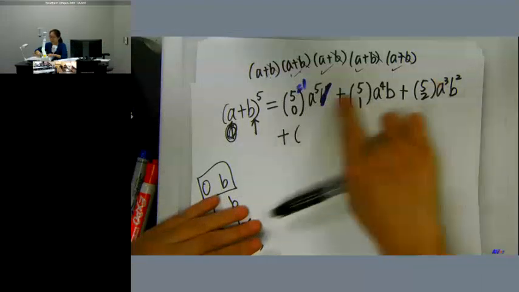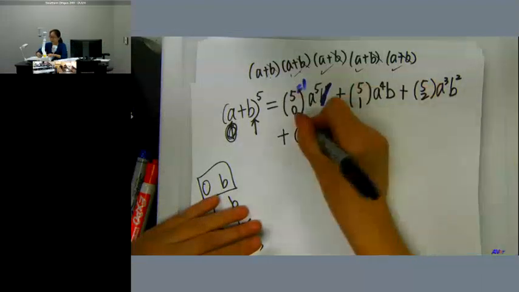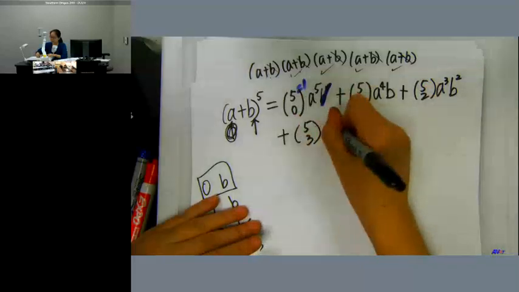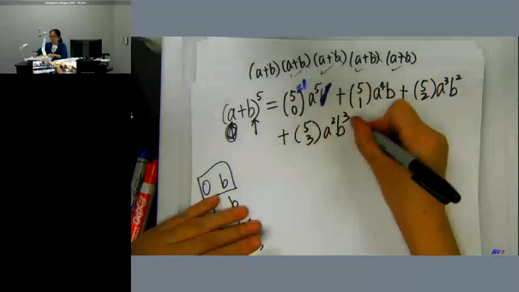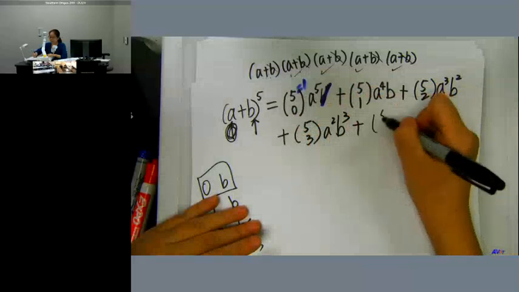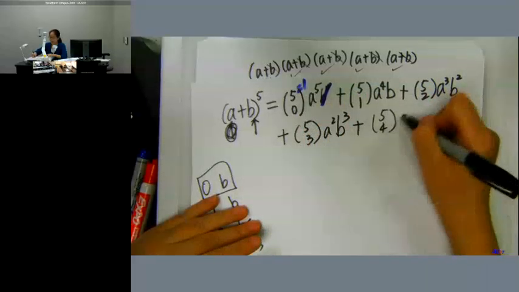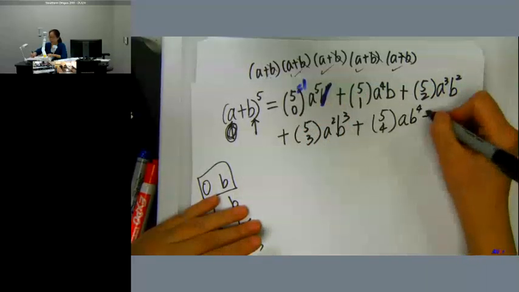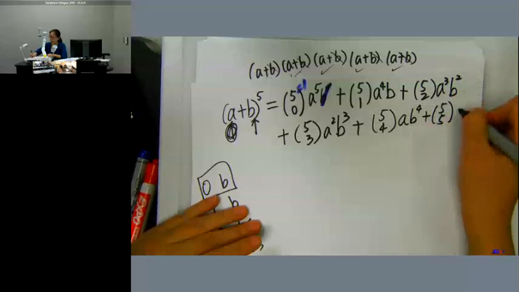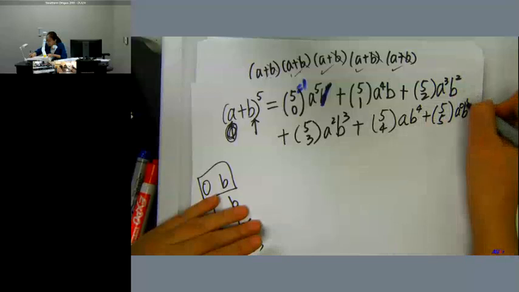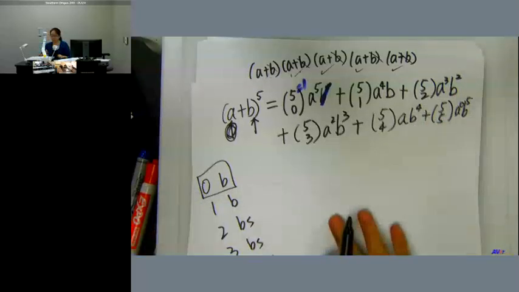So that would be 5 choose 3, A squared, B cubed. And next one will be 5 choose 4, 1 A and 4 B's. And the last one will be 5 choose 5, and no A's. I can put A to the 0 and B to the fifth, or you can omit that.